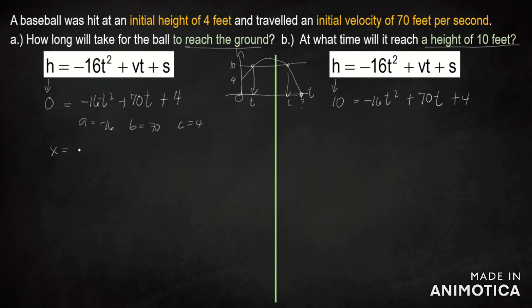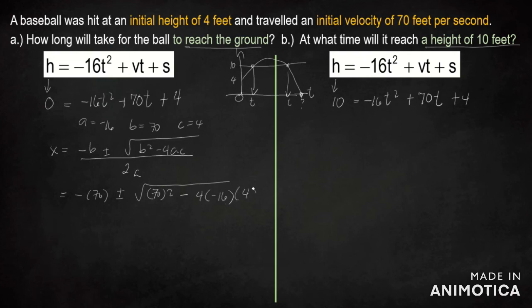x is equal to negative b plus or minus the square root of b squared minus 4ac, over 2a. So we have the negative of b, which is 70, plus or minus the square root of b, again 70, squared, minus 4 times a, negative 16, and c equal to 4, dividing by 2 times a, negative 16.